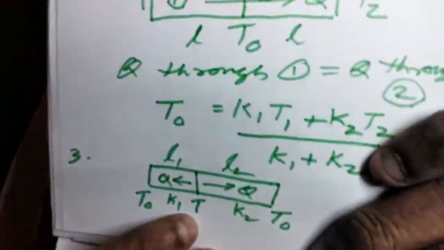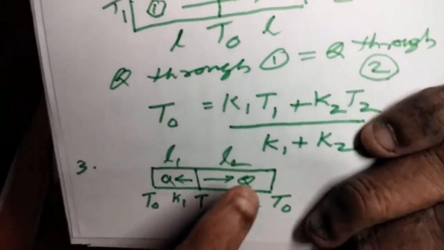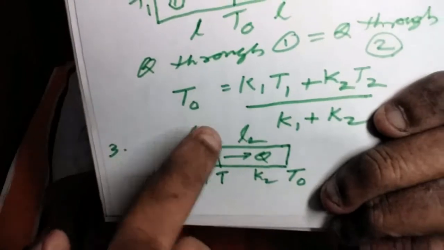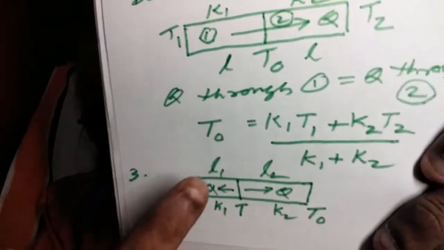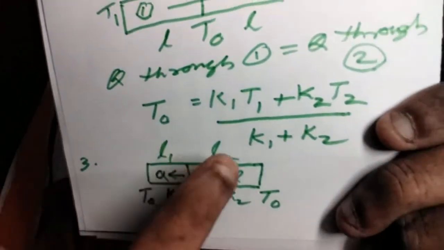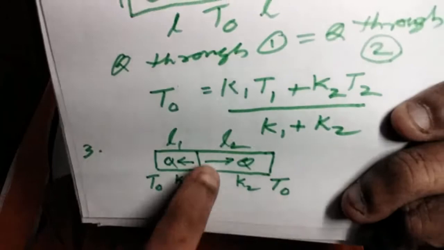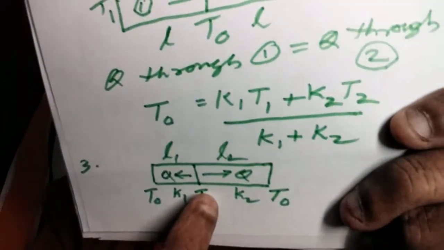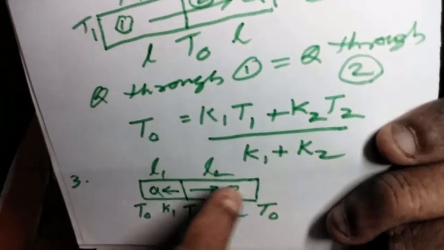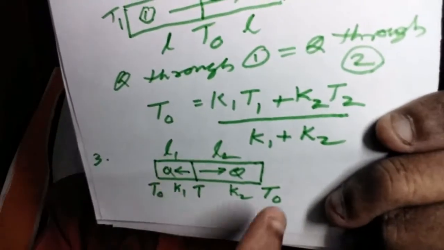Next formula: the two conductors have the same area of cross section, but lengths are different. This is of length L1, this is of length L2. And we heat the junction, and these two ends are maintained at a constant lower temperature T0.